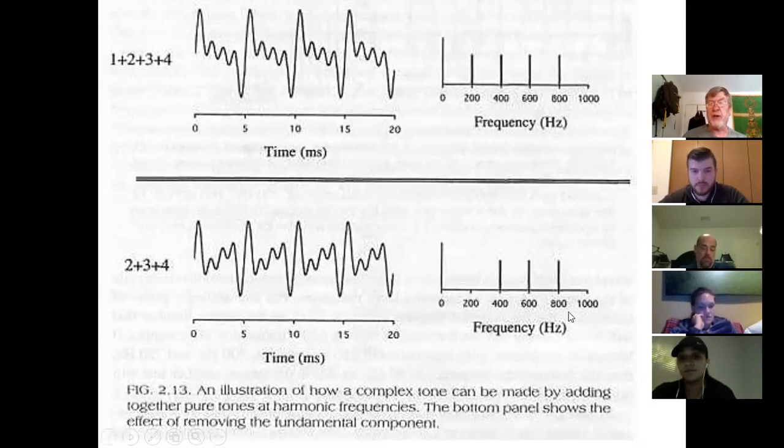The bottom panel shows the effect of removing the fundamental component. Now, your overall pitch perception of this complex sound on the top is going to be 200 hertz. How come? Because all the harmonics are 200 hertz apart.